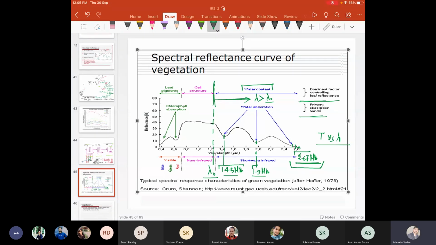And we concluded that after 3 micrometer, we have a radiated as well as reflected component both. Now, when you analyze the reflectance of the material, in case of vegetation, we have a significant reflectance only till 2.6 micrometer.